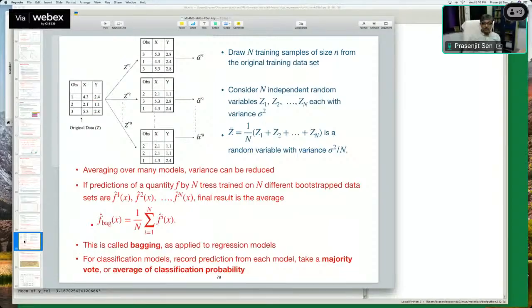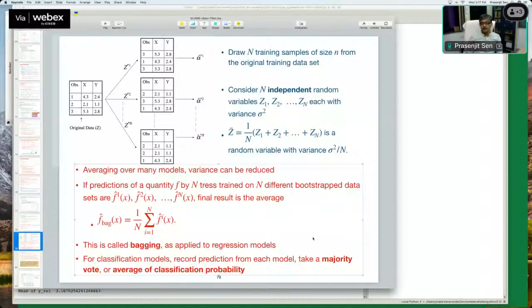Suppose we have capital N independent random variables, and this word independent is very important. Whatever argument we are trying to give will not hold if they are not independent. So we have z1 to zn, each with variance sigma squared.